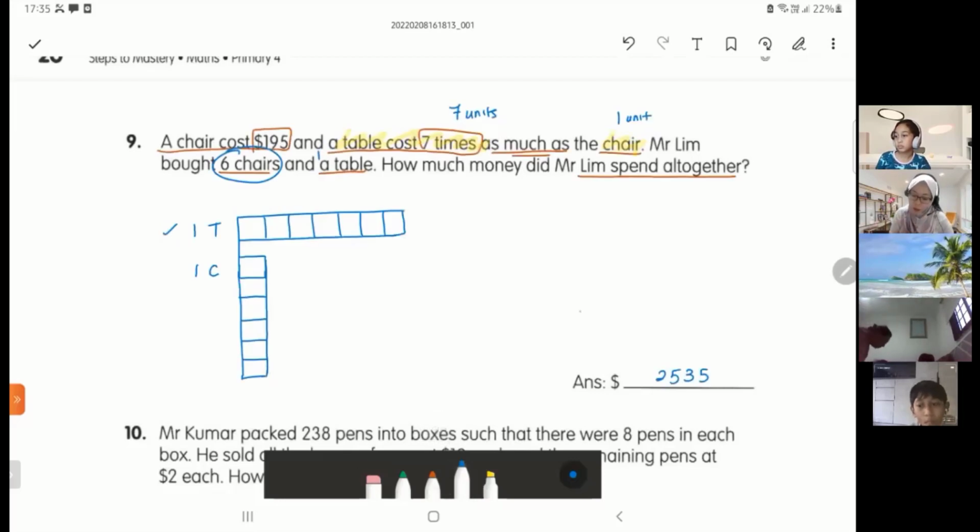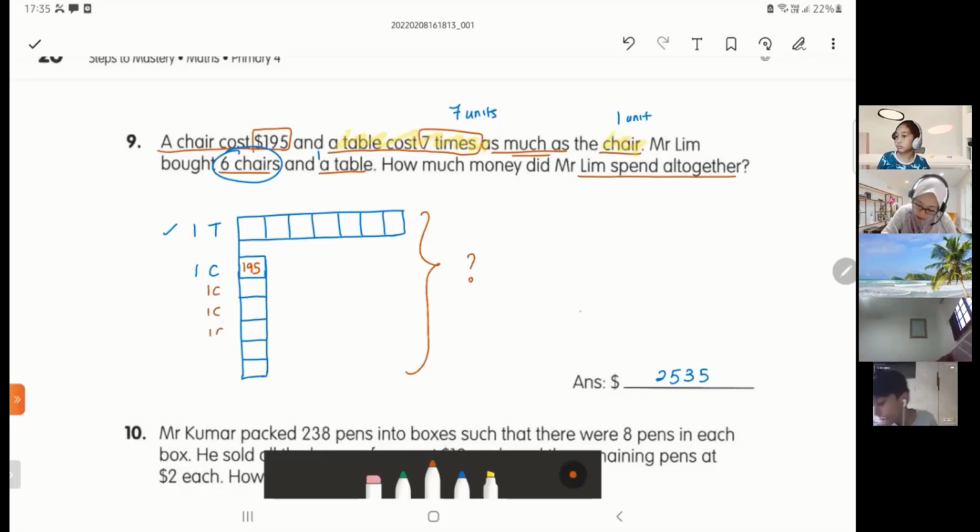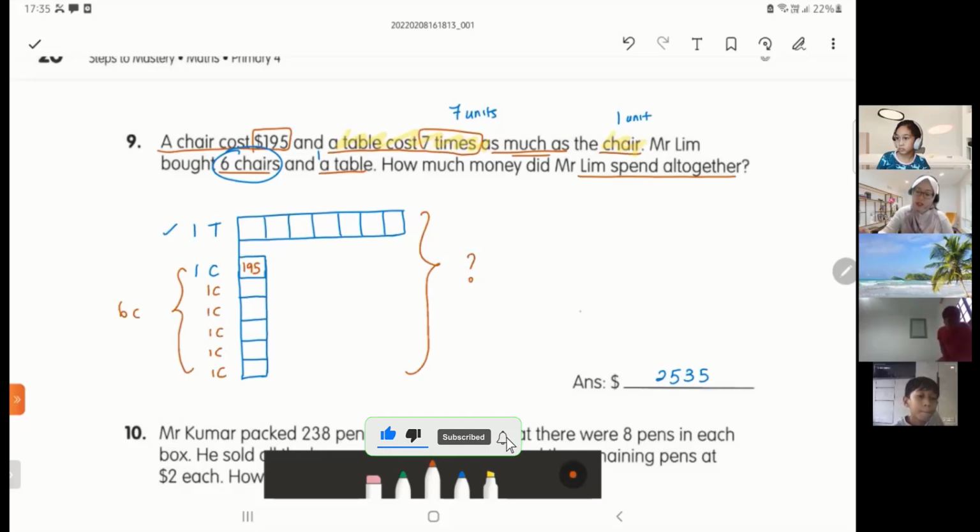Then we know that 1 chair is 195. How much did he spend altogether? Like this, one chair, one chair, one chair, one chair, one chair equals 6 chairs, which is what I want.